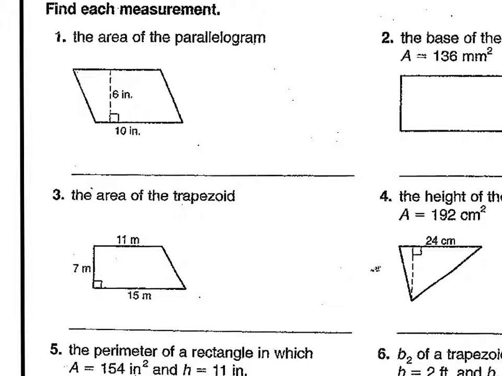So anyways, number 1, it's a parallelogram. What's the formula for the area of a parallelogram? Area equals base times height. So, what's the base, what's the height? Base is perpendicular to the height.